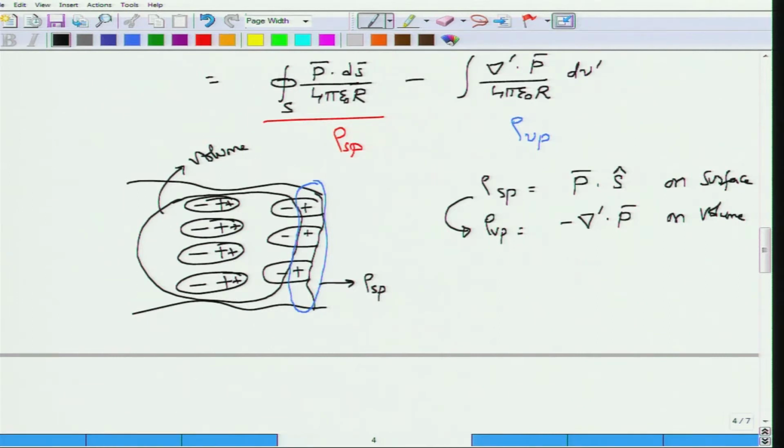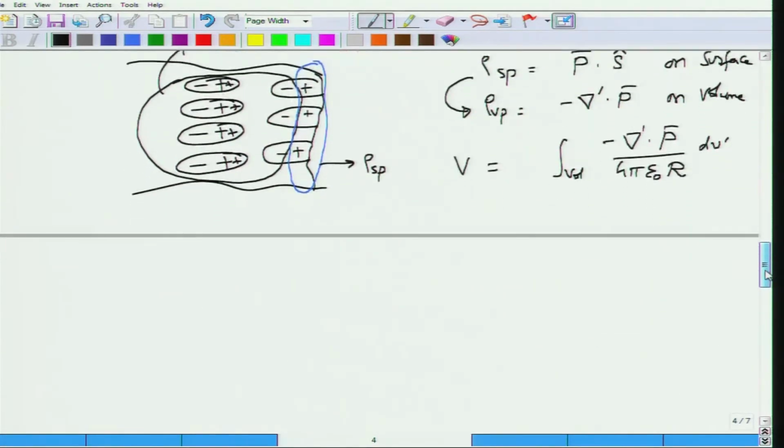With appropriate integration limits, you can convert a volume to surface, surface to line, line to a point charge. So you could accommodate this rho sp inside rho vp, and you can write V, the potential, as the integral of minus del prime dot P divided by 4 pi epsilon R integrated over the volume of the dielectric, if I have absorbed rho sp into rho vp.